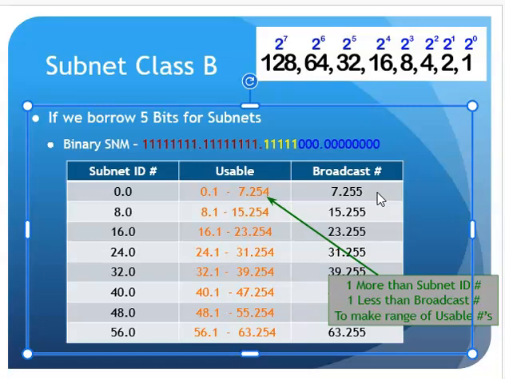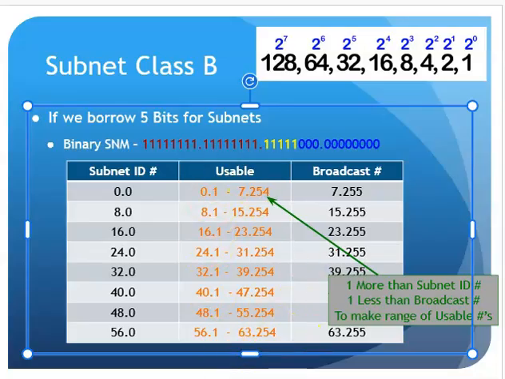So 7.254, 15.254. I'm taking the 255 and decreasing by 1, 254. 23.254, 31.254. This would then be my usable numbers right here.